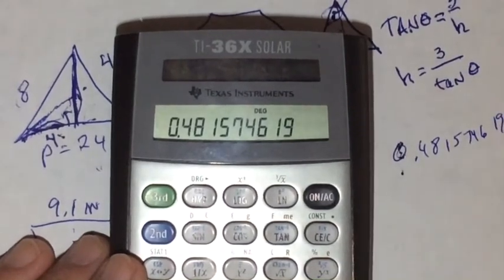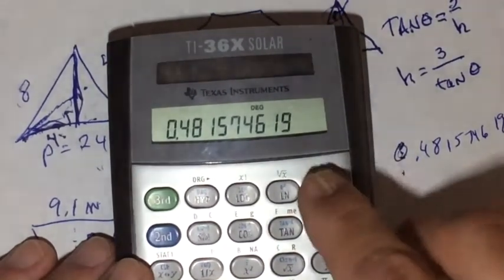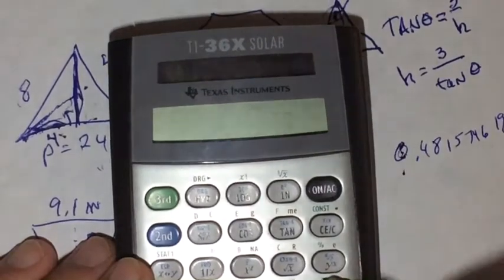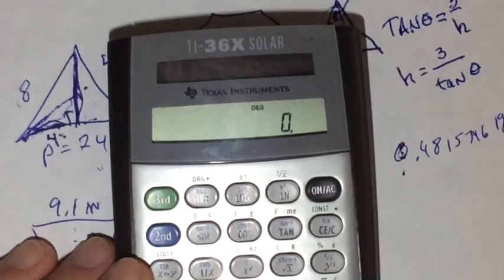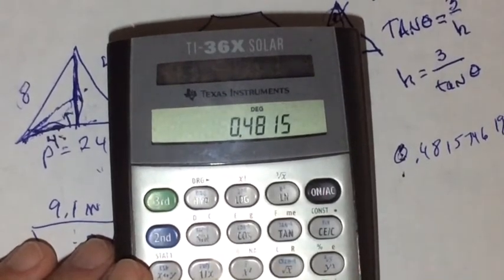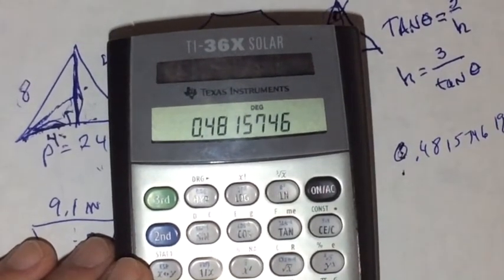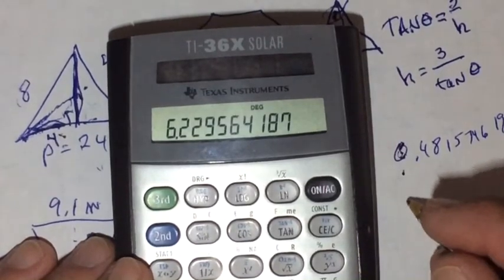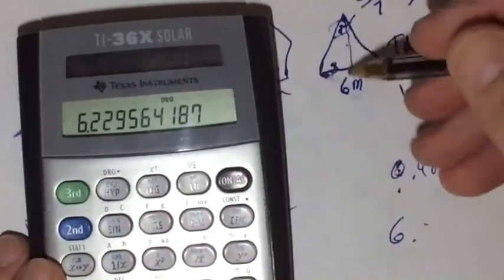Okay? So maybe I'll just write that down. 0.4815744619. And then say, what is 3 divided by 0.4815744619, and find out that it is that number there. That's the height of this triangle.